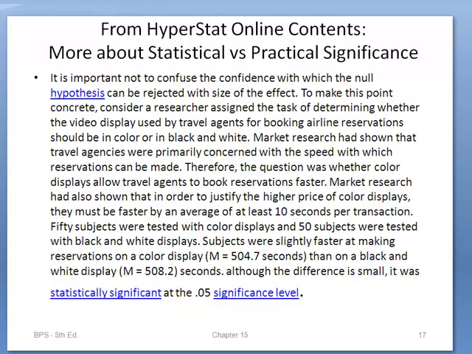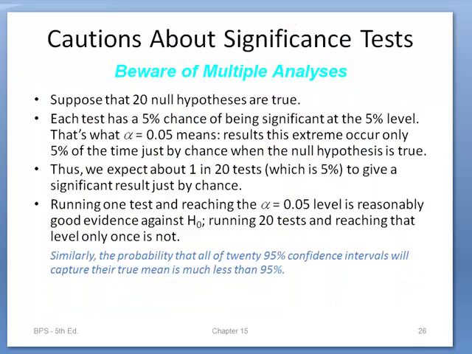Practically speaking, it wasn't fast enough to justify paying for color monitors, so it was not practically significant. And that's the difference between statistical and practical significance. It can be statistically significant, but does that significance relate in a practical way, like will we do anything about it? Please make sure that you look at the other examples on the PowerPoints about practical and statistical significance.